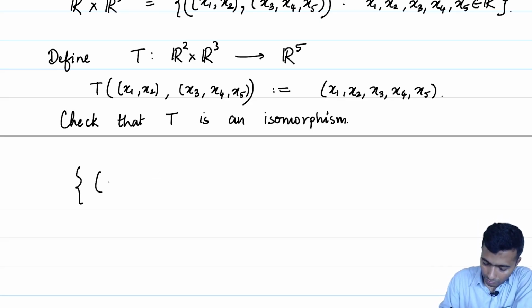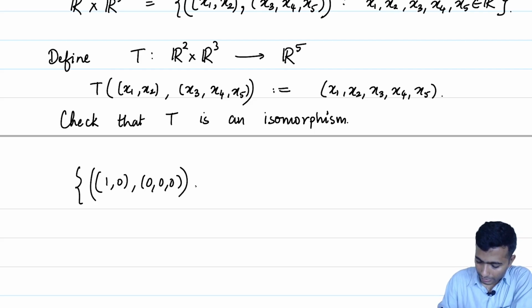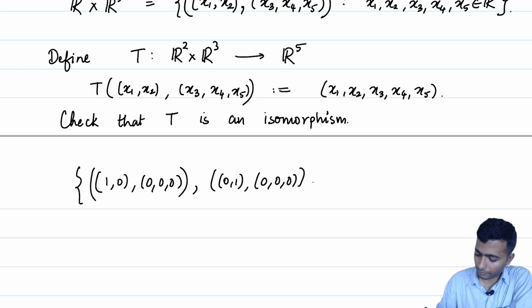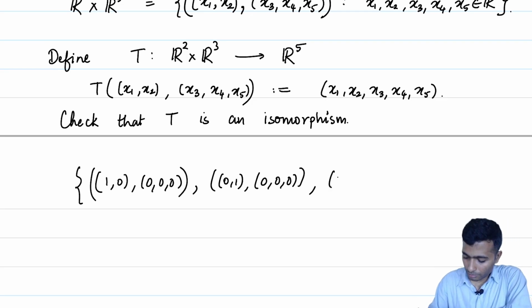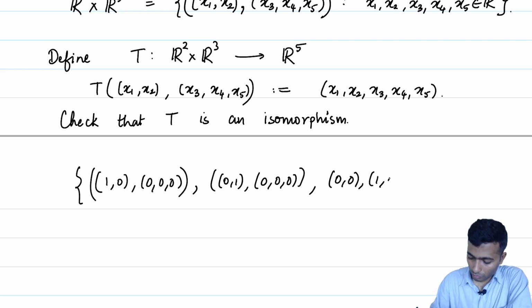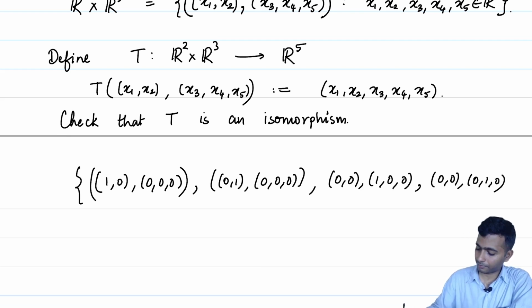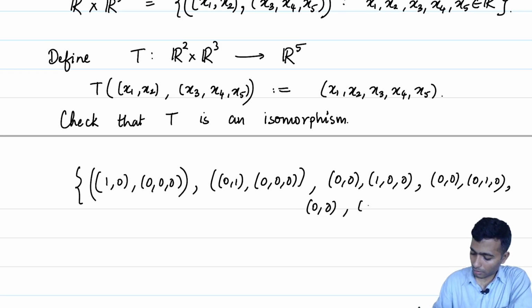So, the first one will be (1, 0, 0, 0, 0), then (0, 1, 0, 0, 0), and then (0, 0, 1, 0, 0), (0, 0, 0, 1, 0), (0, 0, 0, 0, 1).